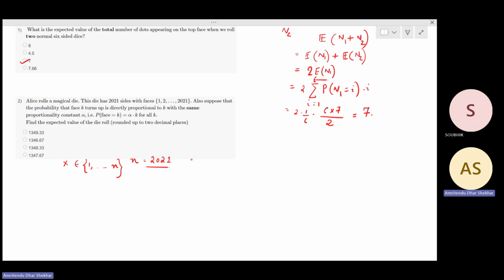And the probability of X being equal to some K is equal to alpha times K. Alpha is a fixed constant.